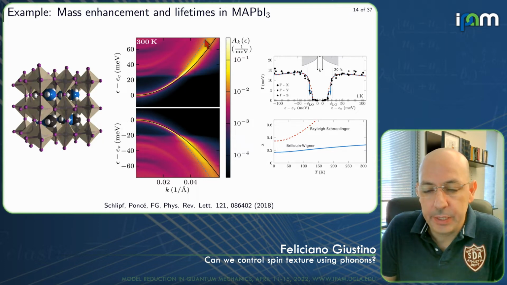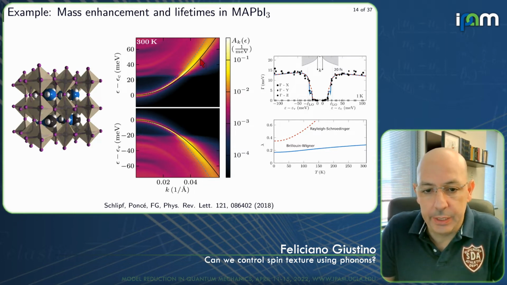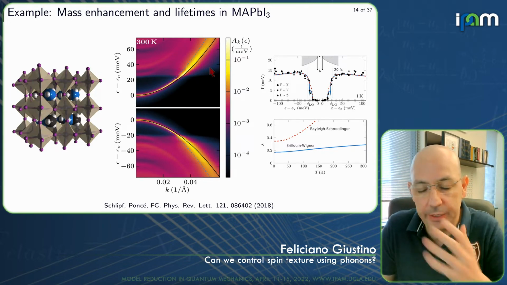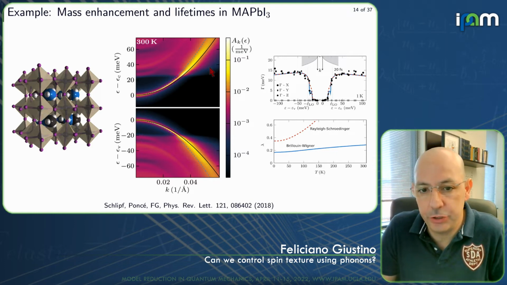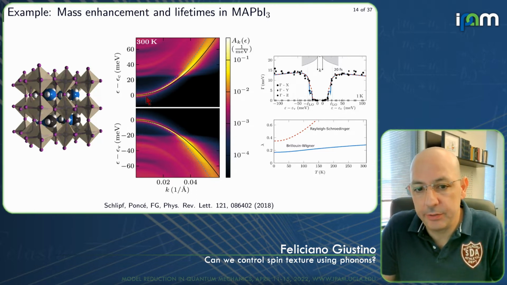The way this is to be read is that the dashed blue line that I'm pointing out is the initial dispersion, a DFT band structure you may calculate with any electronic structure code. The purple and yellow shaded plot is a spectral density function obtained using this Fan-Migdal self-energy I just mentioned. If you trace the maximum of this spectral density, you have this black line, which is the new renormalized band structure.